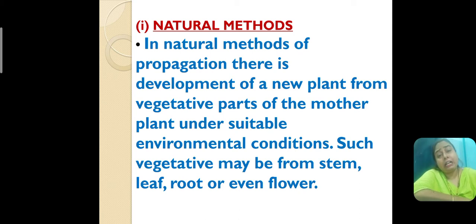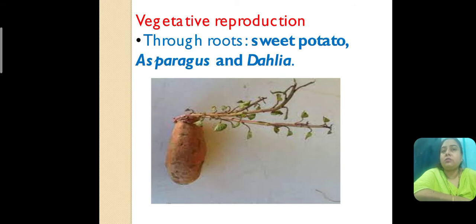This occurs naturally in the plants which either do not produce viable gametes or have lost the ability to reproduce through sexual reproduction. Now, these vegetative parts may be the stem, leaf, root, or even in some cases the flower. But though it occurs through flowers, it does not involve sexual fusion or fertilization.